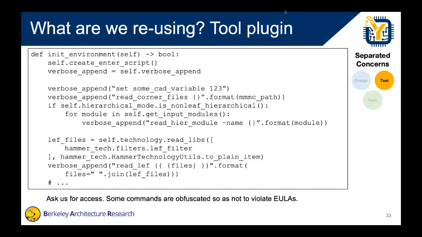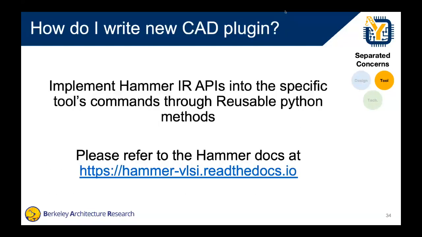You're going to emit a bunch of different Tcl scripts. This isn't an actual tool plugin, but it looks something like this, and we're just pulling in all of this Python code to generate the Tcl scripts. Again, if you want to implement a new CAD plugin, first check with us to see if there already is one existing, and you can just contribute, or you can read the docs.